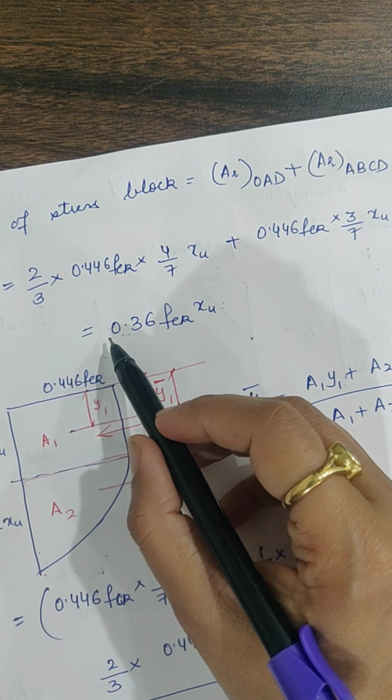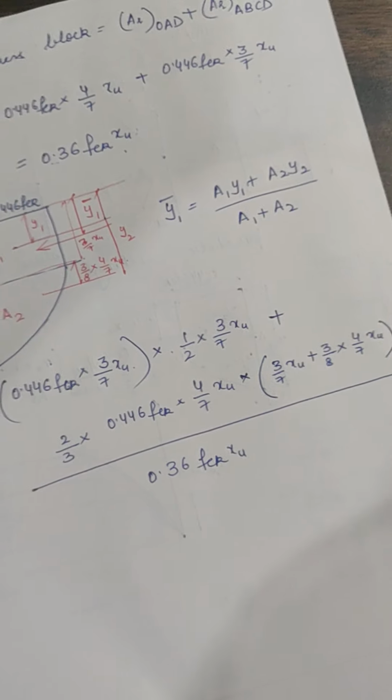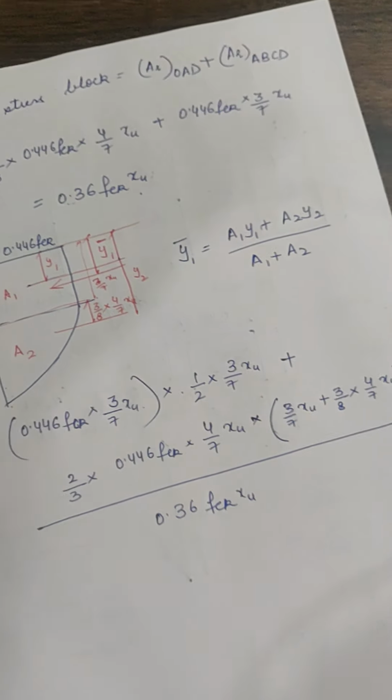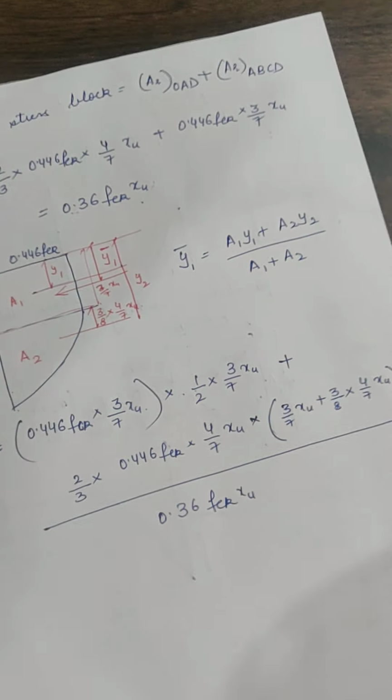So you complete the process, find out all the multipliers, and you will get the value at the end. In this, fck will get cancelled from the whole system. You will get the answer only in terms of Xu. Okay. So it is coming out to be 0.416 Xu.